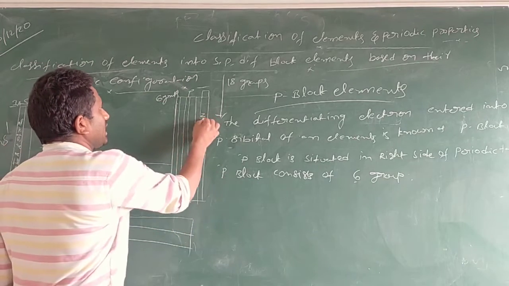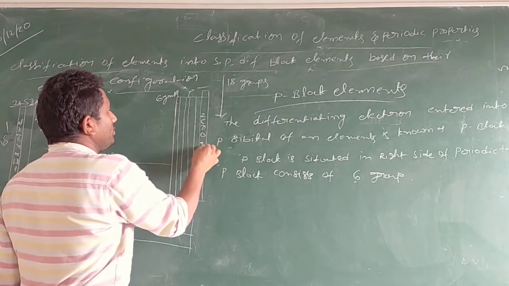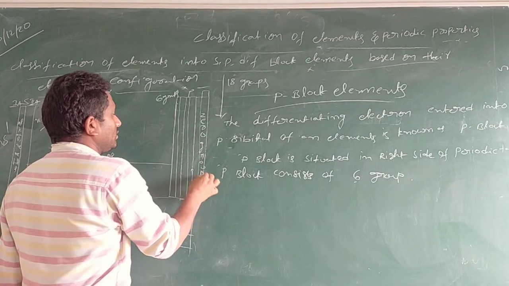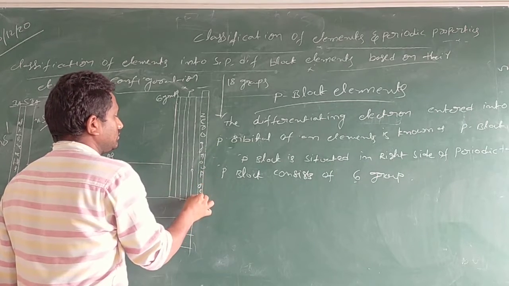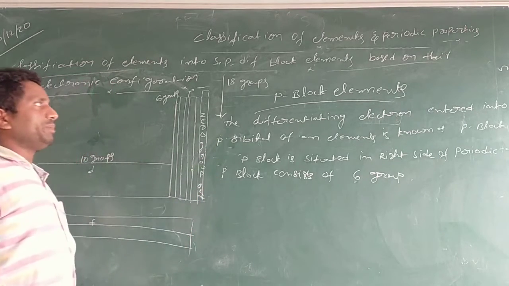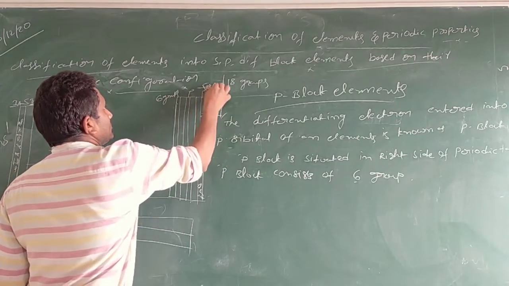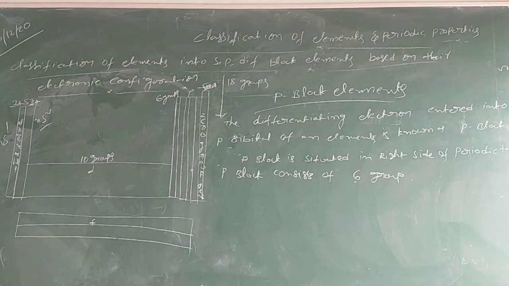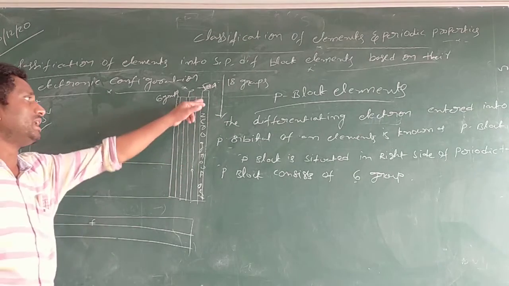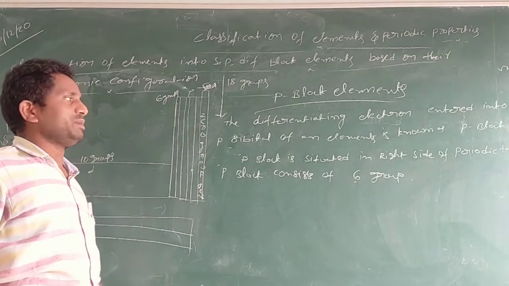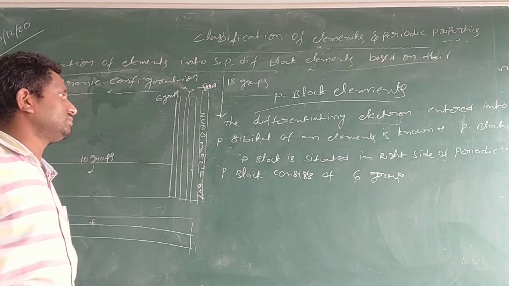The 0 group elements, the 8A group, are known as noble gases. 8A group elements are known as noble gases.